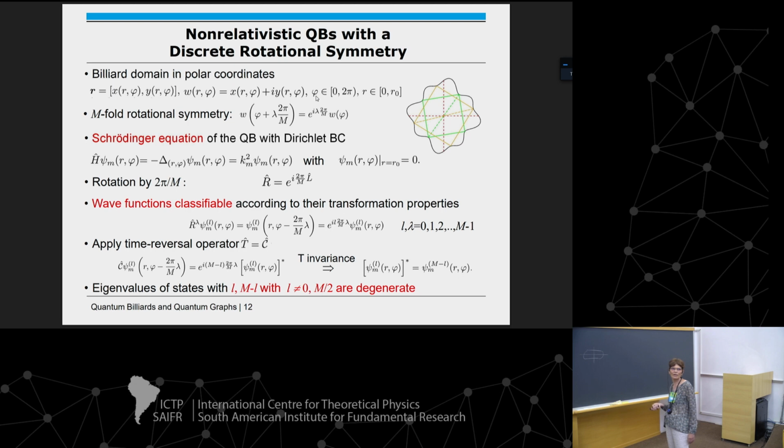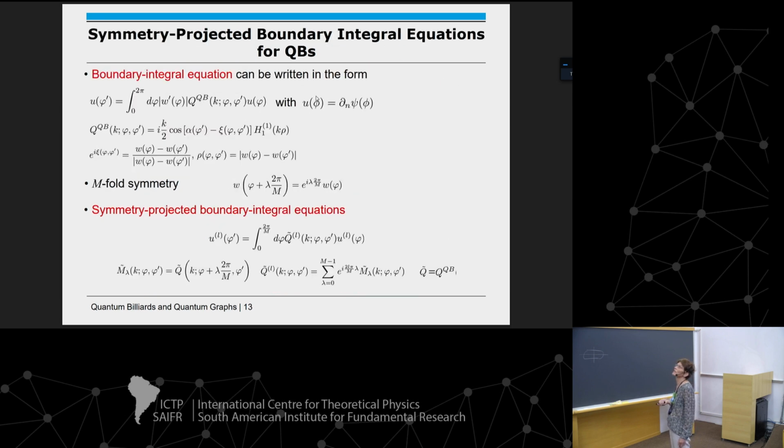On Friday I will speak about relativistic ones, and there you don't have time reversal invariance, so you don't have this property. This is a property which comes from the fact that the system as a whole is time reversal invariant. Now you can use these transformation properties to separate your states into symmetry classes.